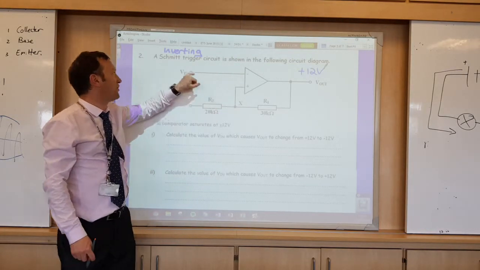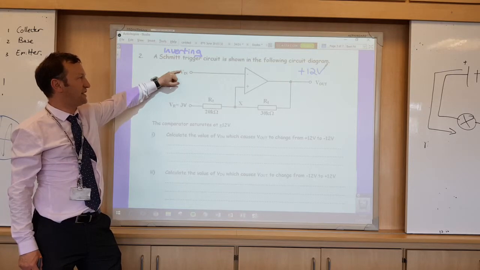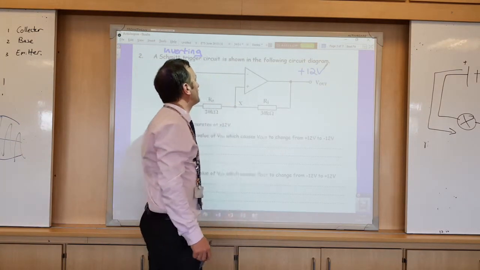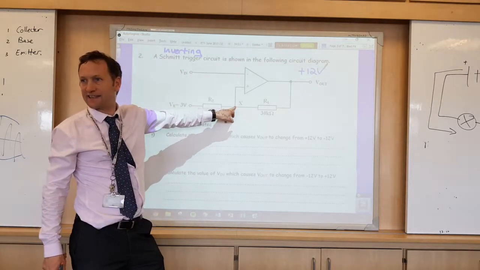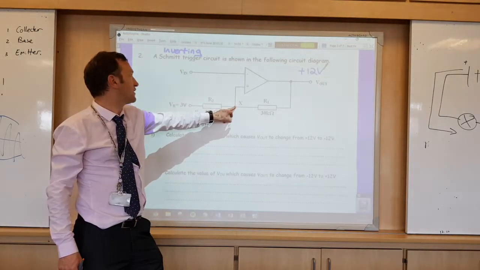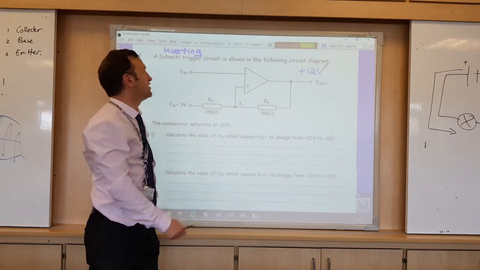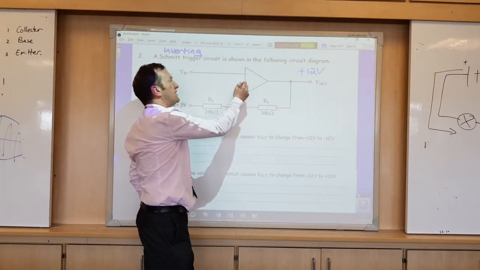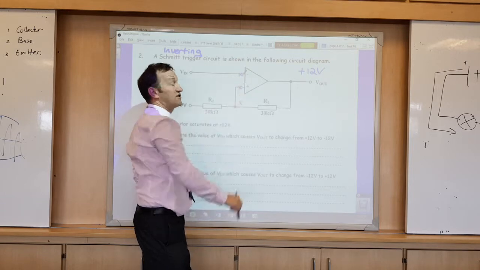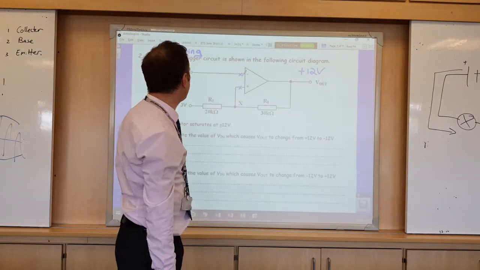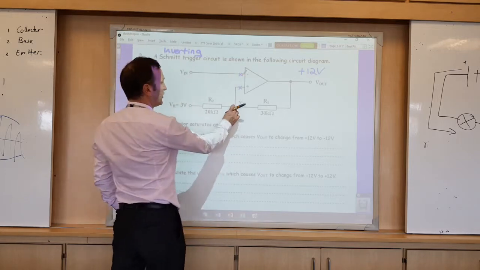To work out what V in needs to be to force this to flick to minus 12 volts, we just have to know what the voltage at X is. At that switching voltage, V in is the same as X. No current flows into an op-amp because they've got a high input impedance. So we just need to work out the voltage at X.